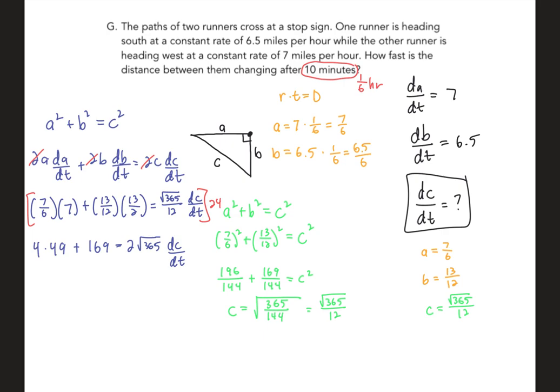Now, 4 times 49 is 196 plus 169. We already know 196 plus 169 is 365.